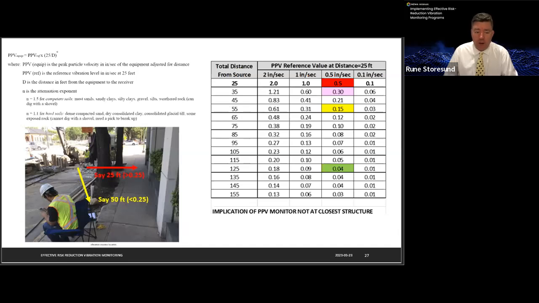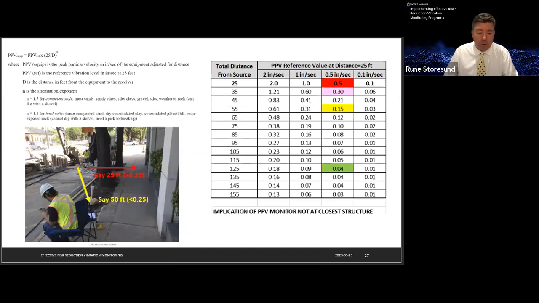The chart on the right-hand side of the slide illustrates 4 different scenarios where I've back calculated 4 different PPV values at distances of 25 feet from the actual vibration source. I'll focus on the column where the PPV value at a distance of 25 feet was 0.5 inches per second. And let's assume for this project that the PPV threshold for sending out an alert was 0.25 inches per second.